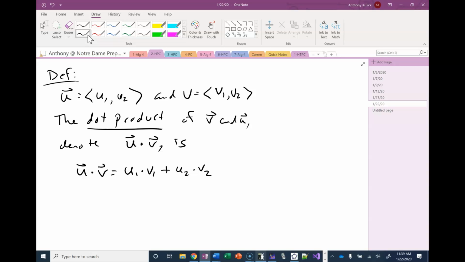What kind of result are we getting? When I take the dot product of two vectors, what kind of quantity am I getting as my result? What kind of number is u1 times v1 plus u2 times v2?